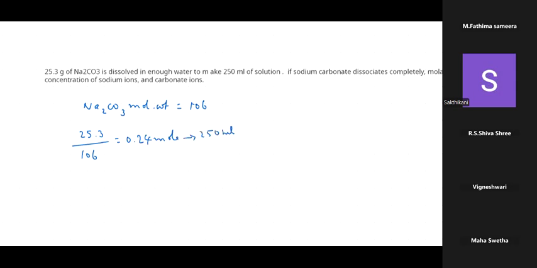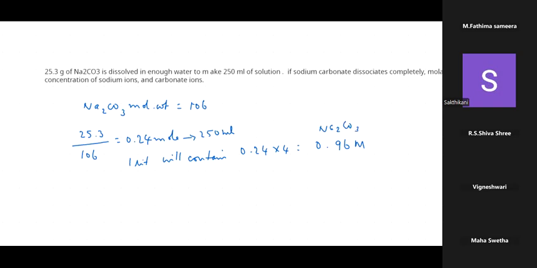So 1 liter will contain 4 times, so 0.24 into 4, it is 0.96 molar solution. That is, the sodium carbonate solution itself is 0.96 molar.